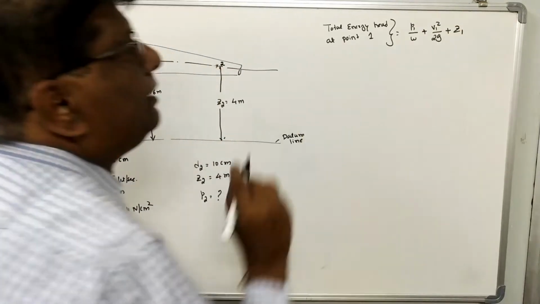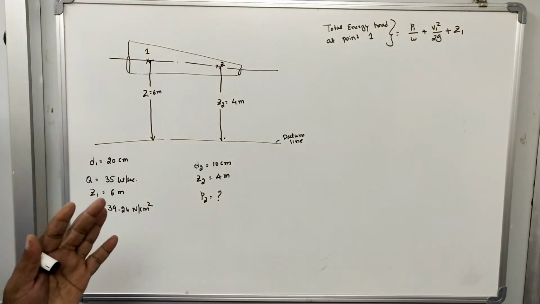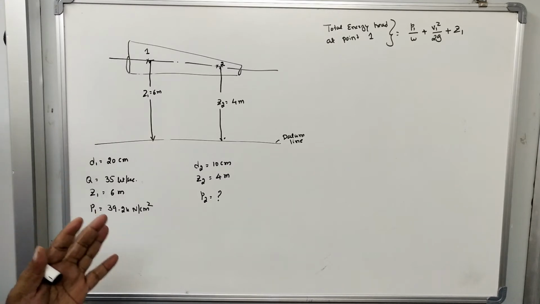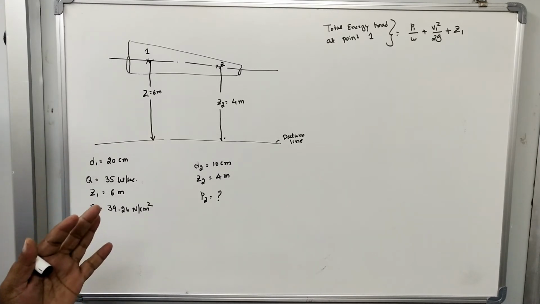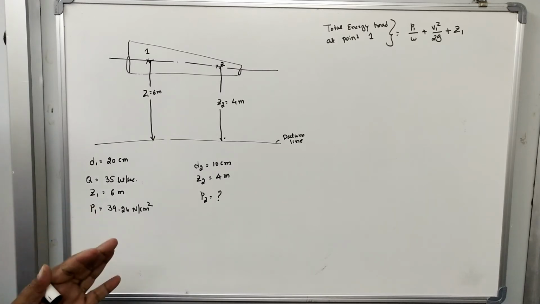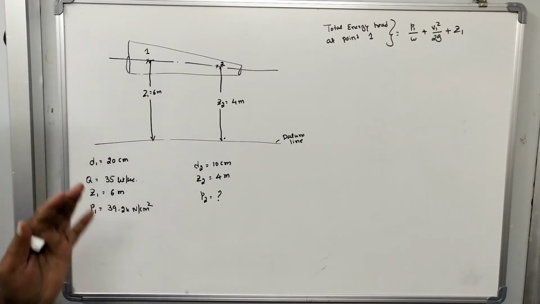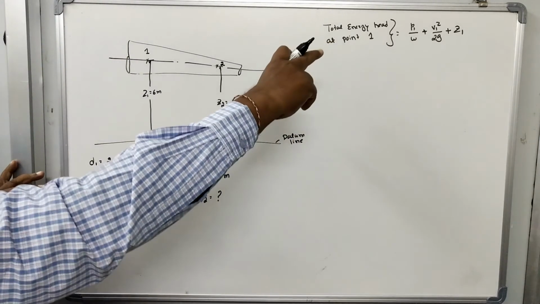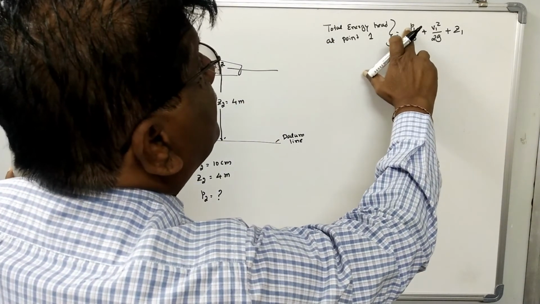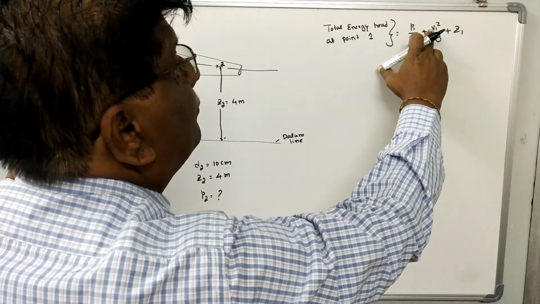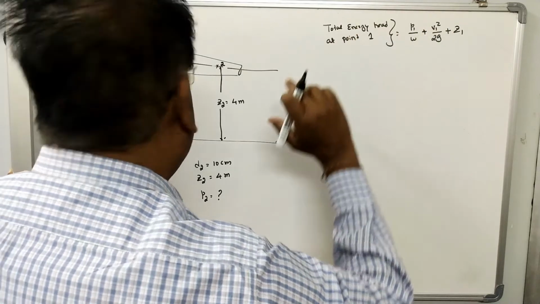This is the Bernoulli's energy equation. It gives you the total energy head possessed by the water at point 1. In this equation, P1 is known, W is the unit weight of water, and V1 is the velocity. V1 is not known, but we know the discharge.